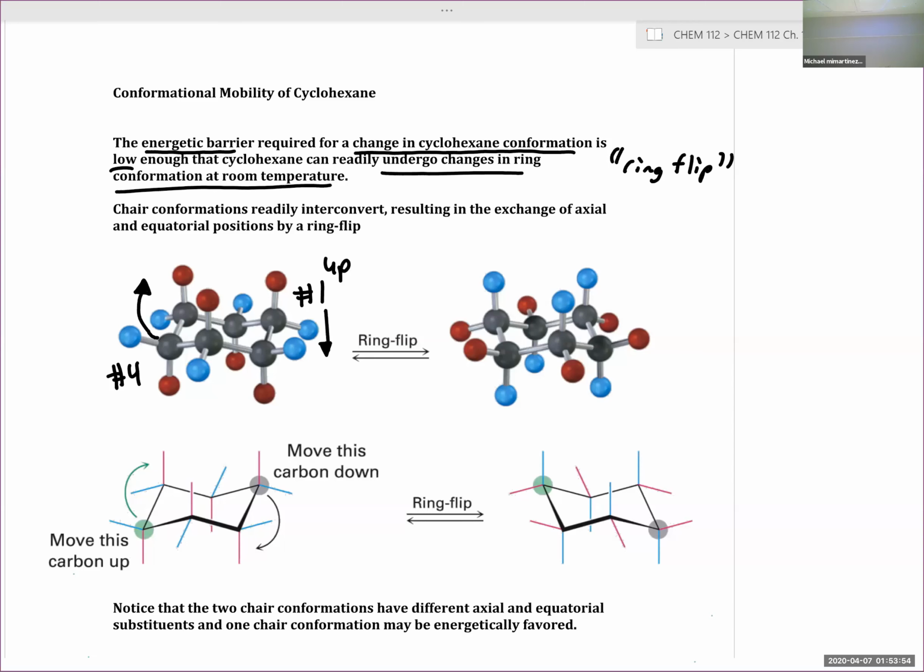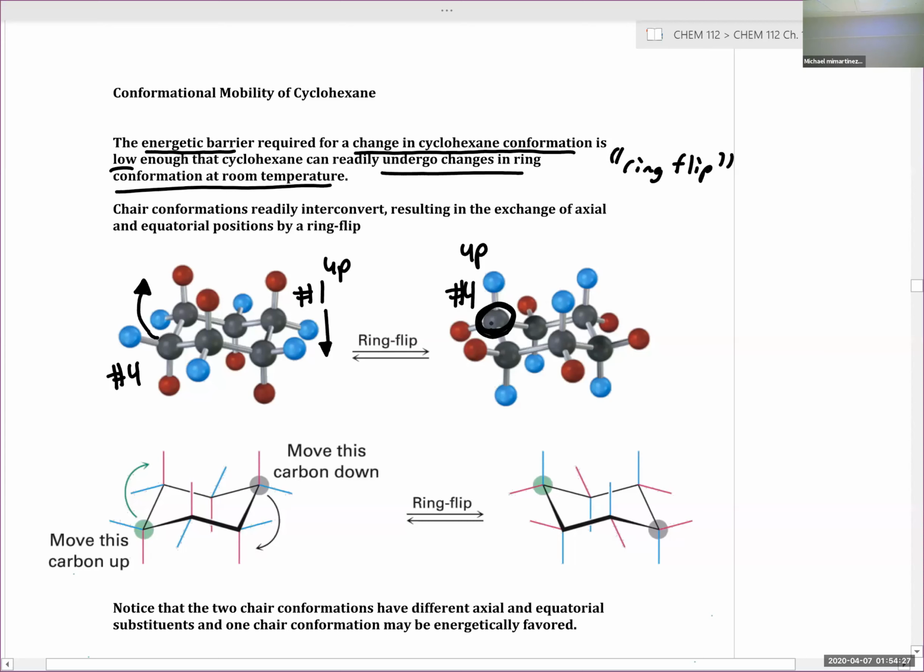So it's as the result of adjusting the relative position of our carbon-carbon bonds, the other carbon-carbon bonds change in relative position to one another. So in essence, carbon number 1 is being brought down, carbon number 4 is being brought up. And just from mapping, just to remember, carbon number 4 is now up and it's right here.